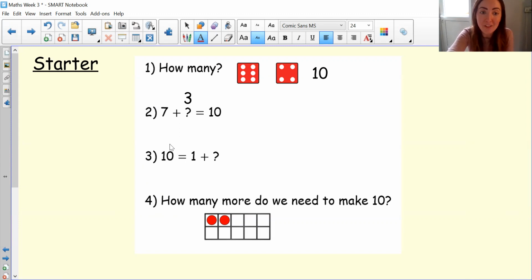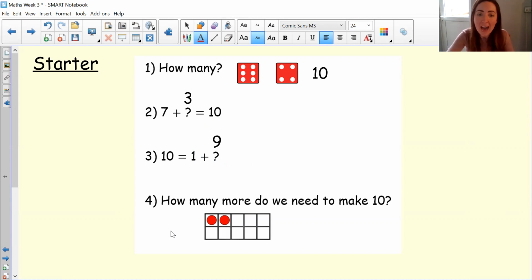So that must mean that 10 is the whole number, and we are working out the missing part that we add to 1 to make 10. So 10 is equal to 1 add what? Well, it's another number bond to 10, isn't it? I know that 1 add 9 equals 10. So well done if you got that one and didn't get muddled.